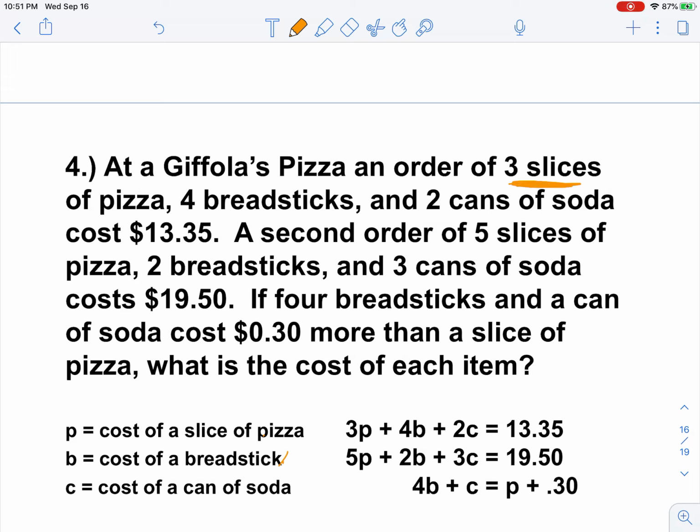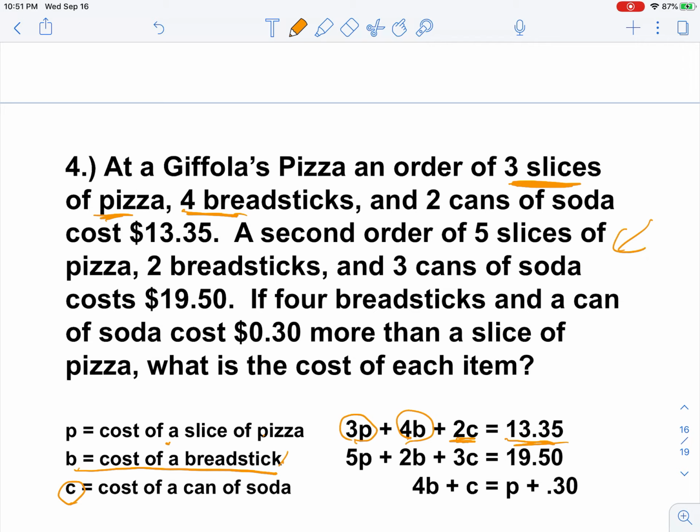And reading this up here, 3 slices of pizza at whatever cost they are is the first term here in this equation. 4 breadsticks times however much it costs a breadstick is right there, plus 2 cans of soda, so 2 times the value of C is right there. That first order is $13.35.